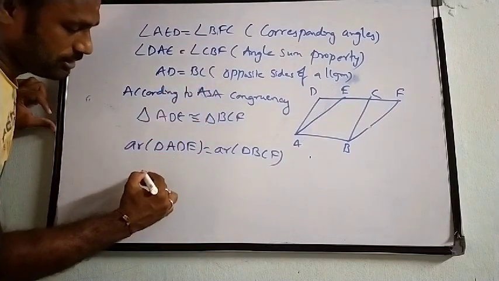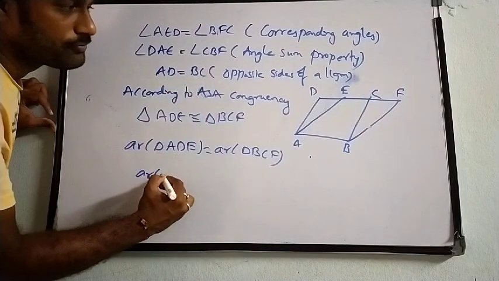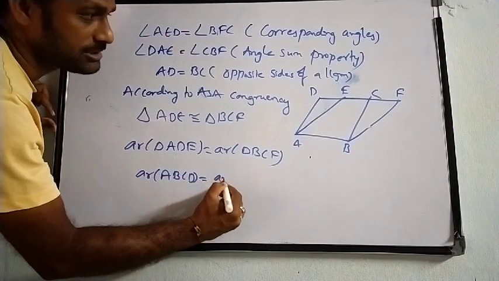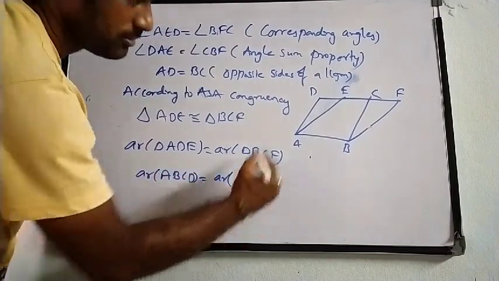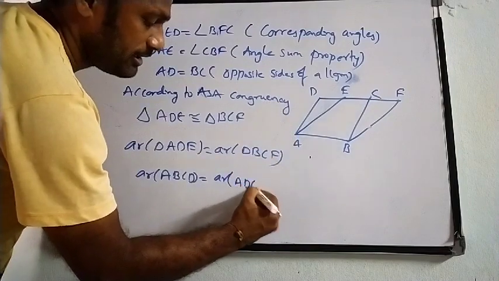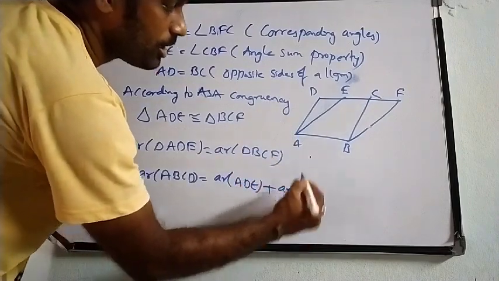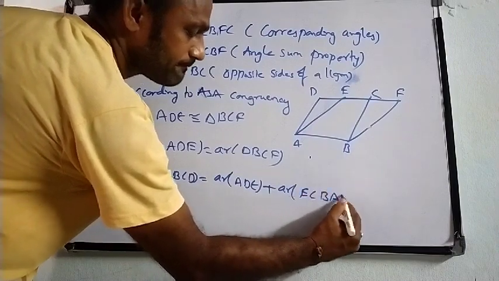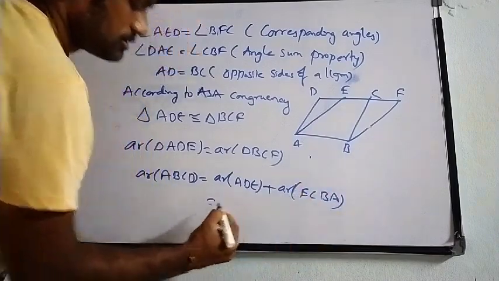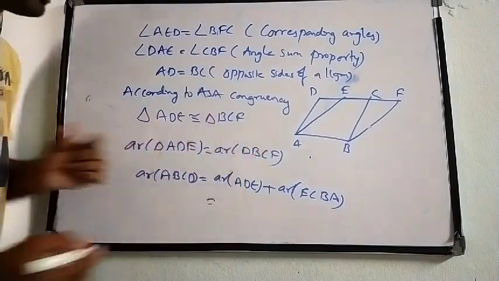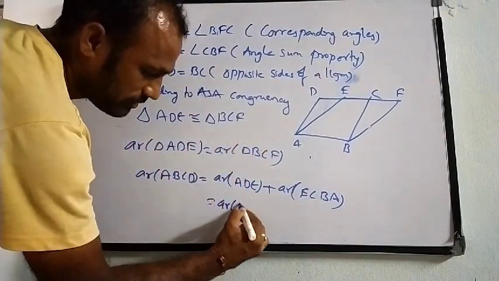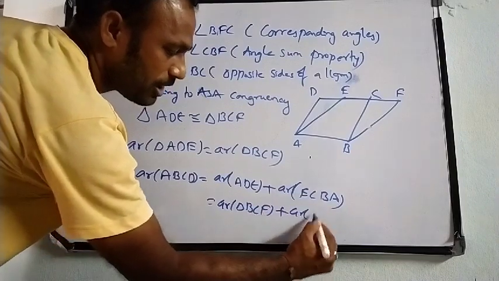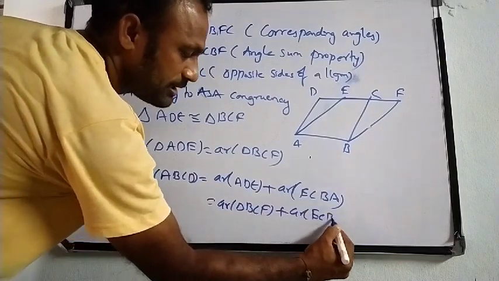Now area of ABCD can be written as area of ADE plus area of ECBA. In place of area of ADE, I will write area of triangle BCF. So area of triangle BCF plus area of ECBA.